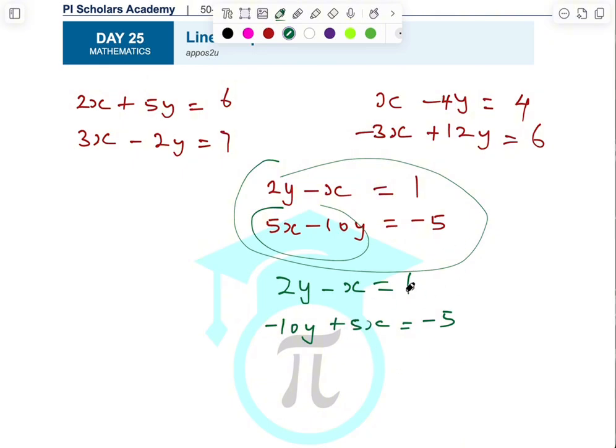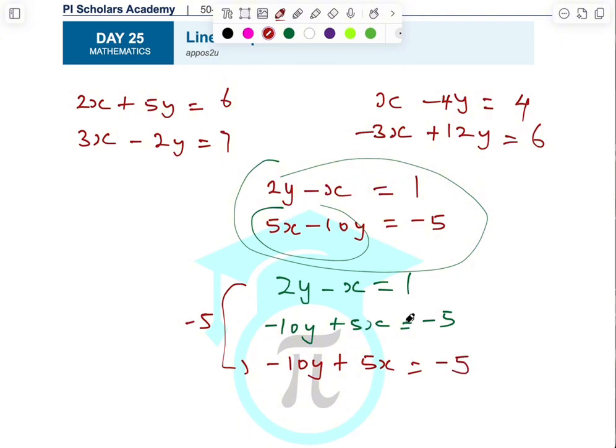Another thing I can do is multiply the entire equation 1 by negative 5. Multiplying by negative 5, I get negative 5 times 2, that's negative 10y. Negative 5 times negative x is positive 5x. And negative 5 times negative 1 is negative 5.